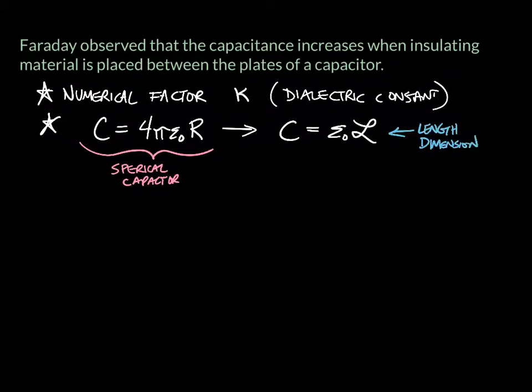If you look at it, 4 pi epsilon naught is a number, and then there's this radius involved, so it's a length dimension. So it doesn't matter what the shape of the capacitor is, the capacitance, and this is Faraday's work, so a little history there. We just use this fancy L to indicate a length dimension, because that's what that area per distance shakes out to be.